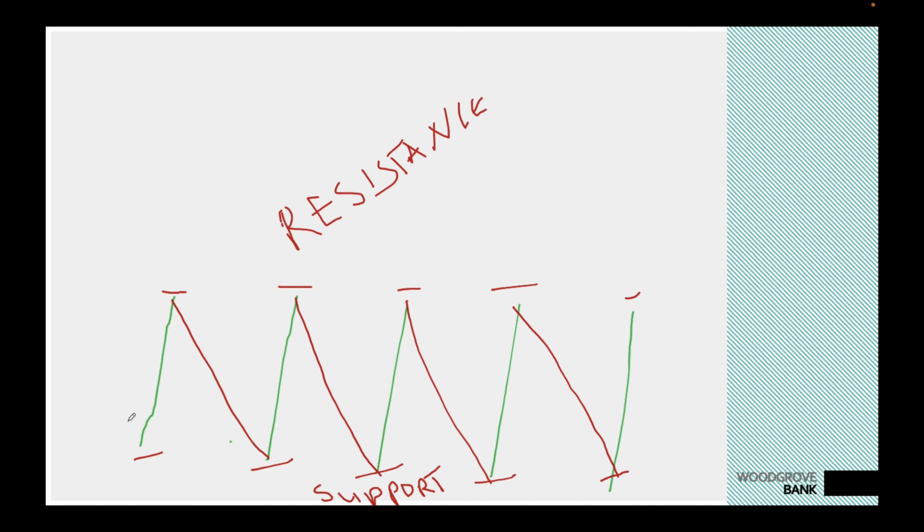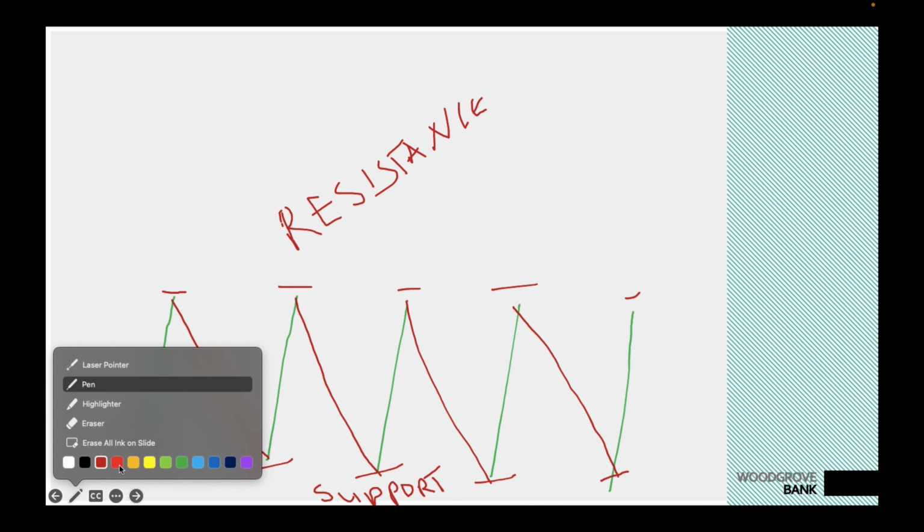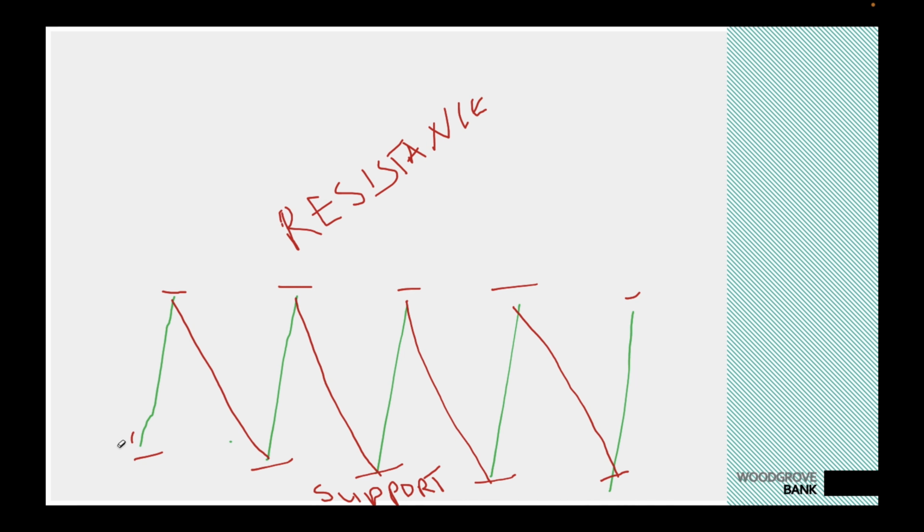Here we have this as a buy trend. See, I'm using a different color. So these are the segments representing the candles which make up a buy trend.